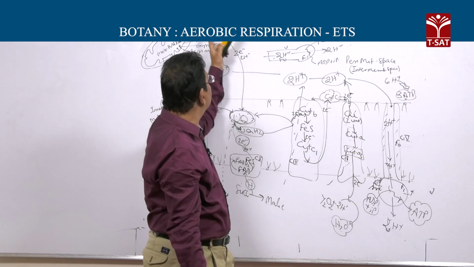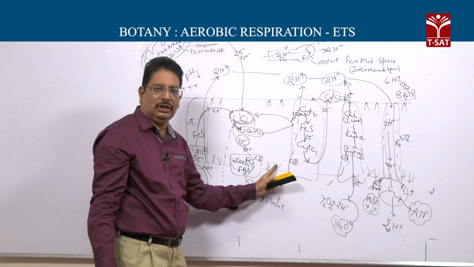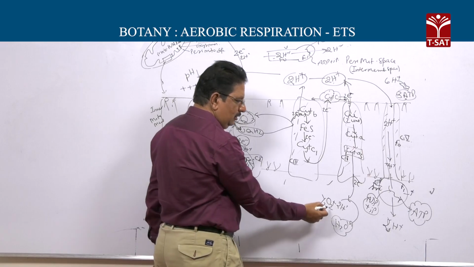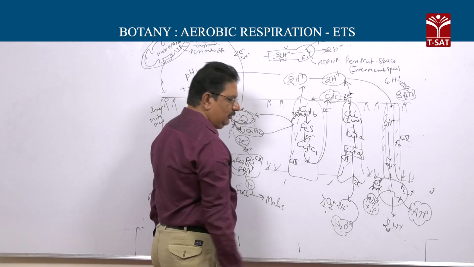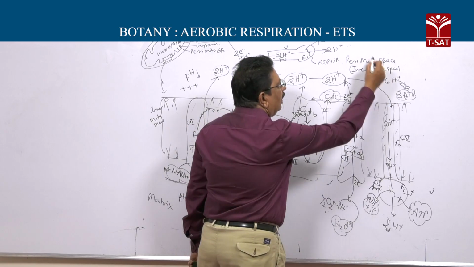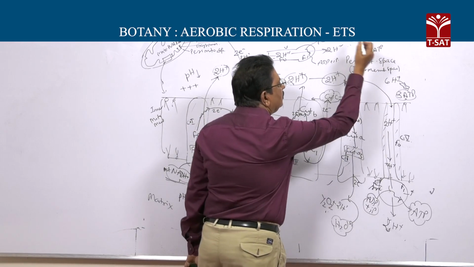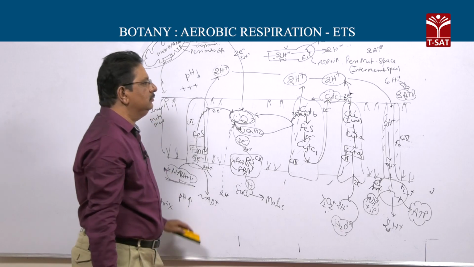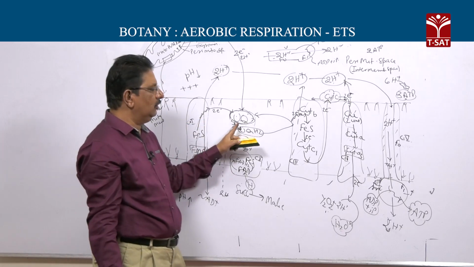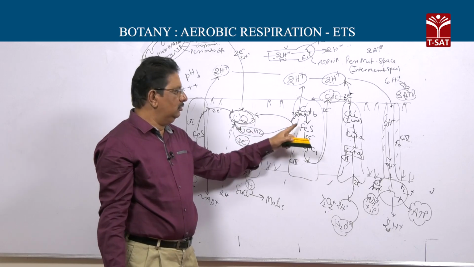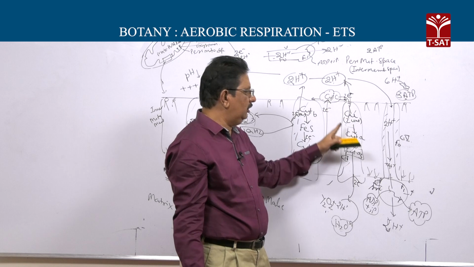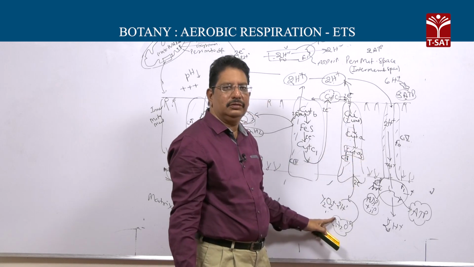So with the completion of cytosol NADH oxidation, again 4 protons are accumulated, 1 oxygen atom is utilized, 1 water molecule is formed and 2 ATP are synthesized. So cytosol NADH oxidation starts from ubiquinone, follows complex 3, cytochrome C, complex 4 and oxygen.